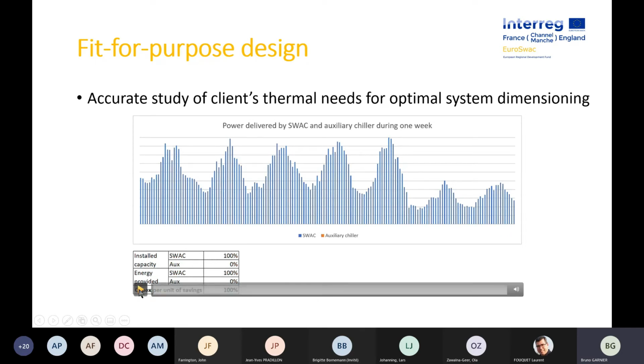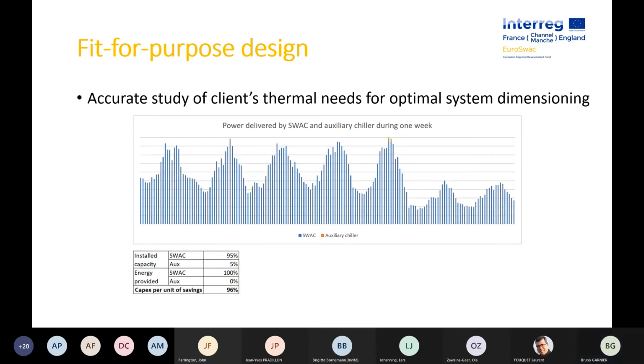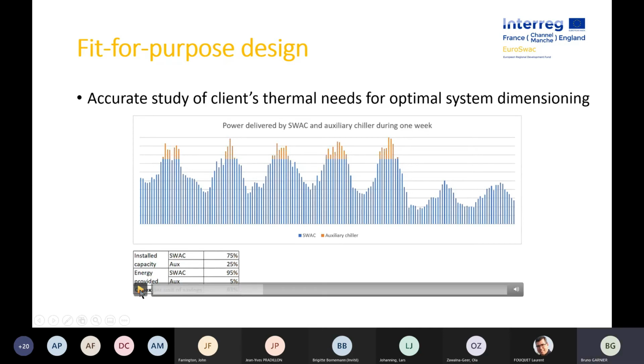So what happens if we downsize the SWAC? You see that now we have downsized the SWAC by 1/4, and we have lost only 5% of the energy provided. That is the part in red. All the part in blue will be done with the SWAC.